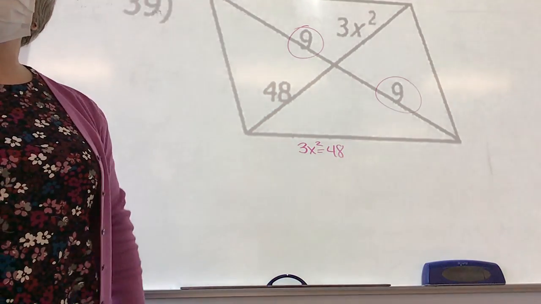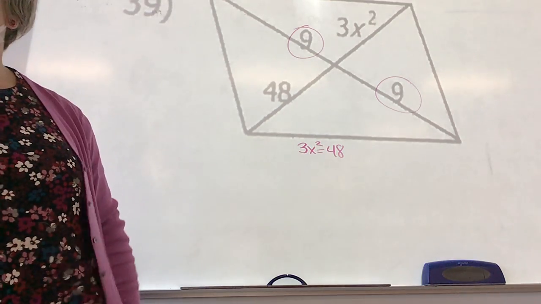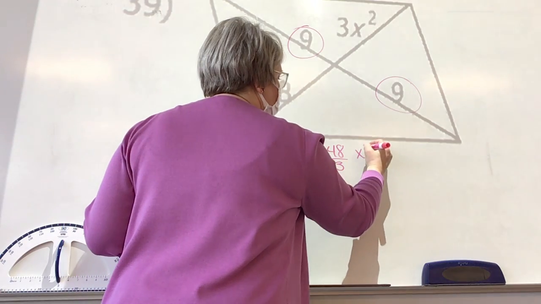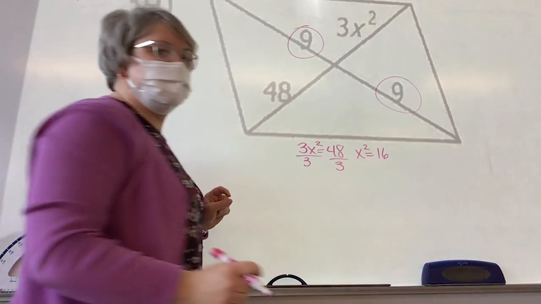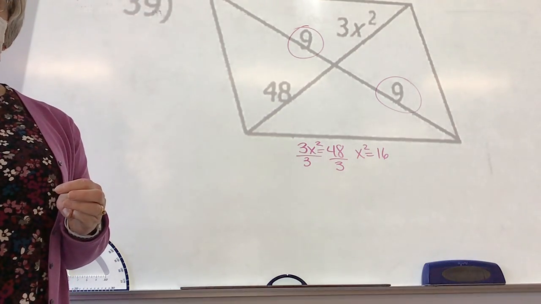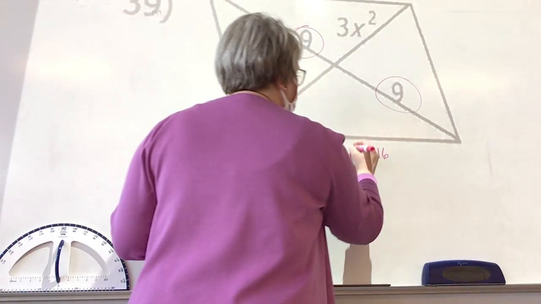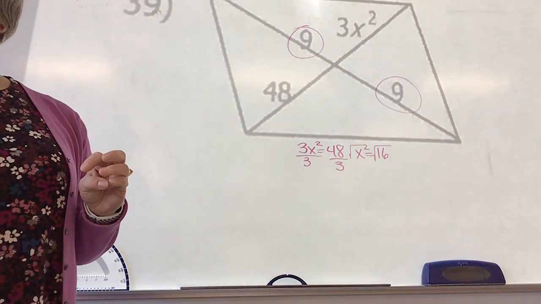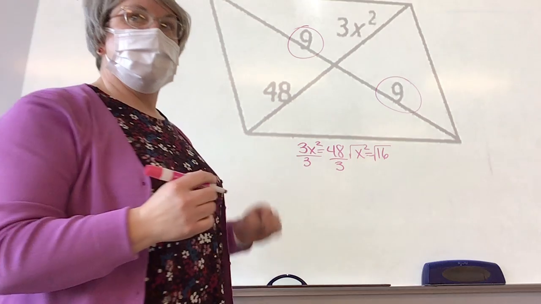To solve for x, we're going to do what? Divide by 3. So you get x squared is equal to 16. Take what? Square root. I saw you write it. Good job. And then you get what?